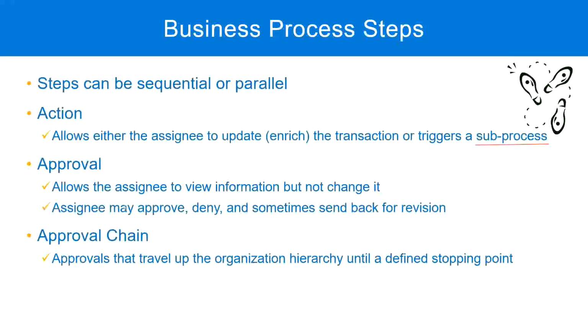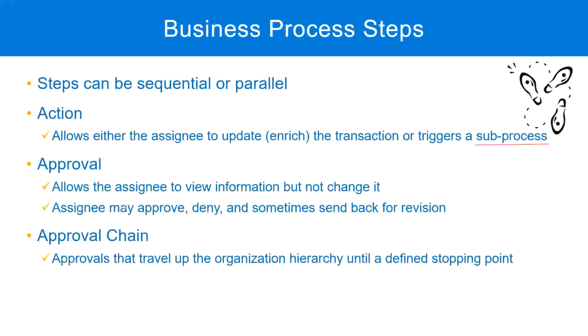Now let's say, first level approves, second level rejects. Then what happens? Is it still considered to be an approval, or is it a deny? First level approves. Second level denies. It will be denied, right? If the second level denies, yes, it is a deny.